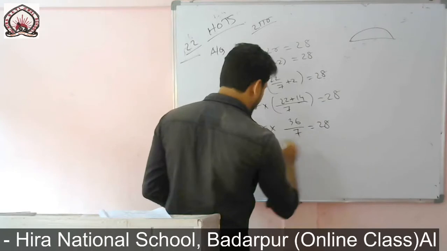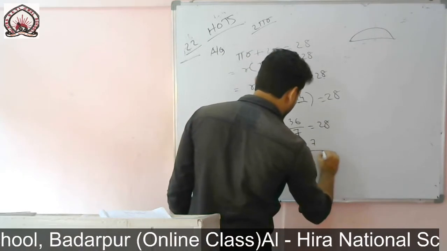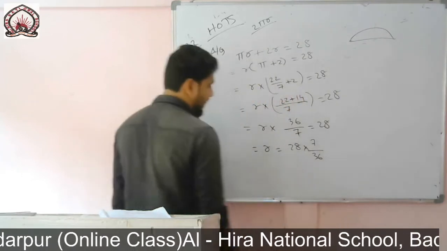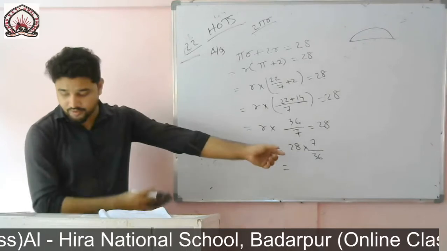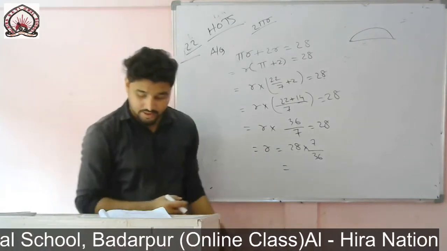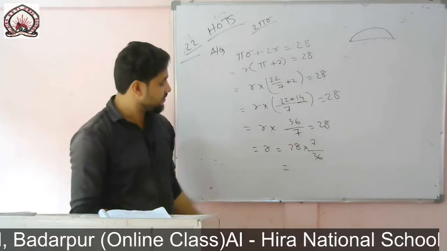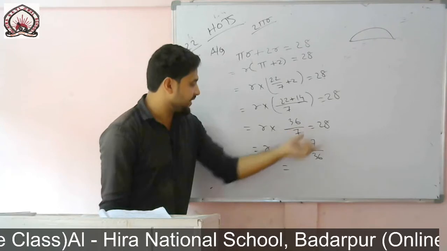Now you can write r equals 28 into 7 by 36. I have just changed the fraction.